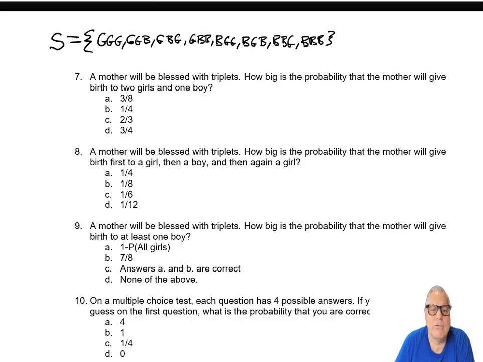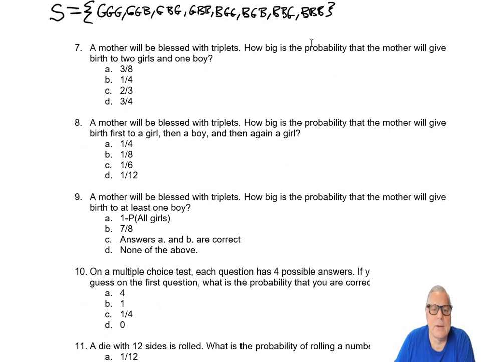Okay, now we can see, because the probabilities are the same, how many ways the mother will give 2 girls: girl, girl, boy, that's the first one here. Girl, boy, girl, number 2. Boy, girl, girl. So there are 3. And it's 3 over 8.